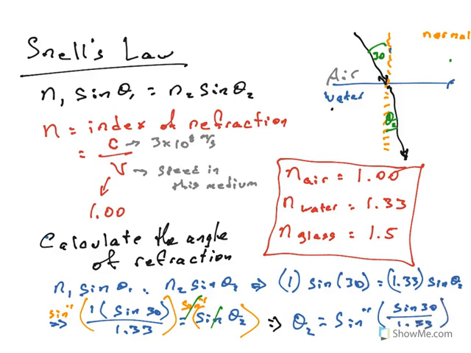And so you stick this in your calculator, and you get theta 2 is 22.1 degrees. And this makes sense, because if you remember, we started at 30. I'm going into a more dense region, that is, water is more dense, the velocity slows down, my angle should get smaller, and indeed, my angle goes down to 22 degrees. So perfect.